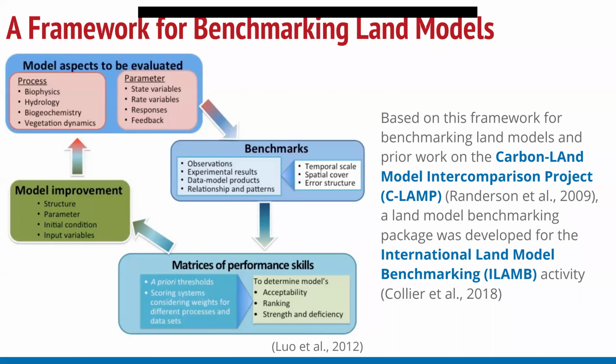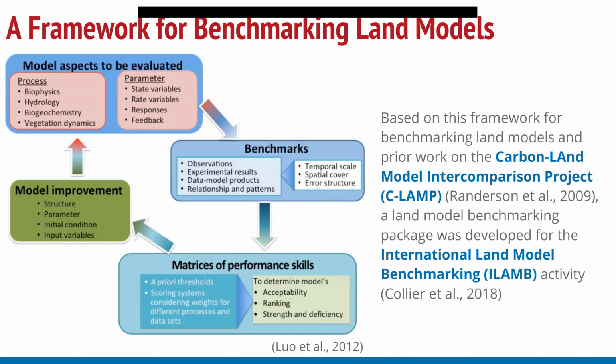So that means identifying appropriate observations for what we want to measure, what we want to compare, experimental results, defining a simulation protocol, data model products, and relationships and patterns. And these need to be at the right spatial and temporal scales for comparison with the model based on what we expect the model to do.